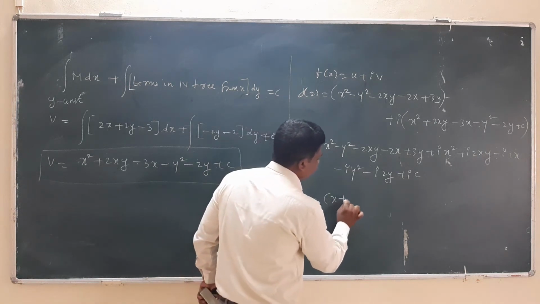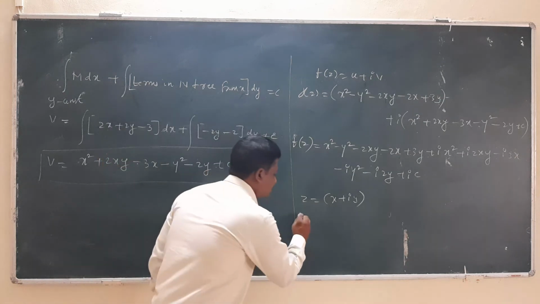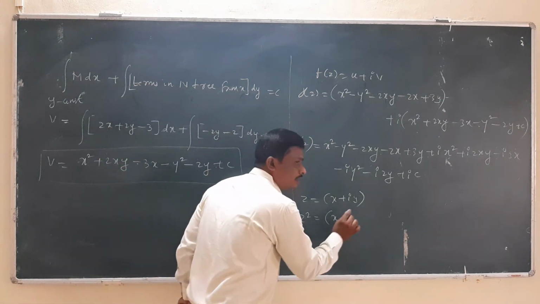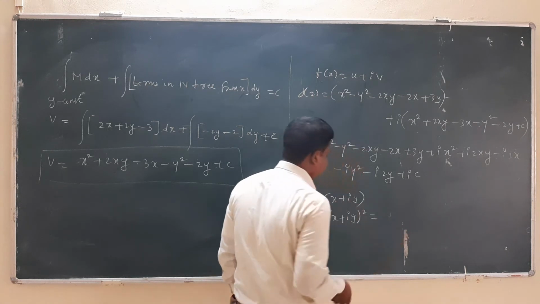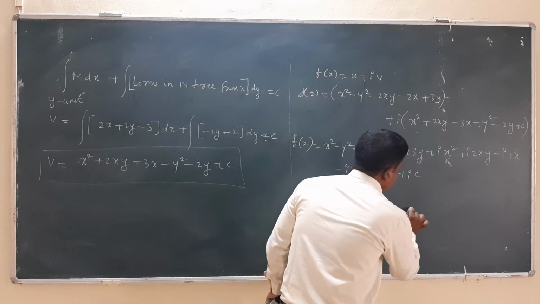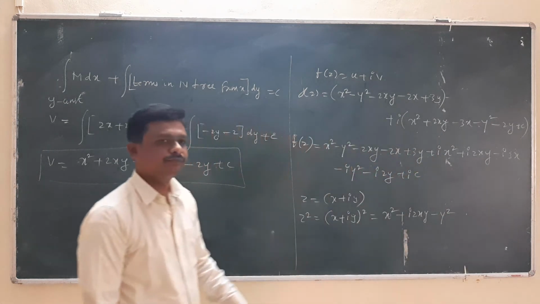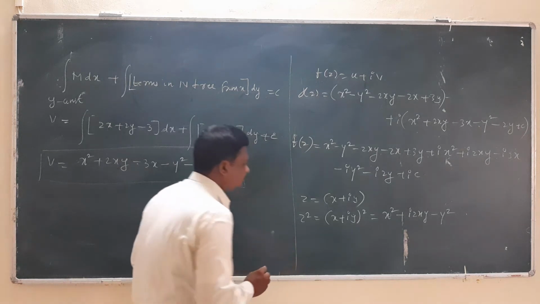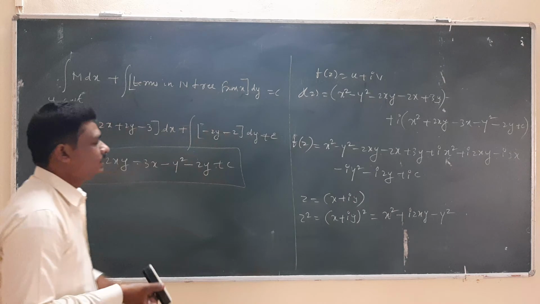We know that z is equal to x plus iy. z square, if I take x plus iy whole square and simplify, becomes x square plus i into 2xy minus y square. So this is z square.